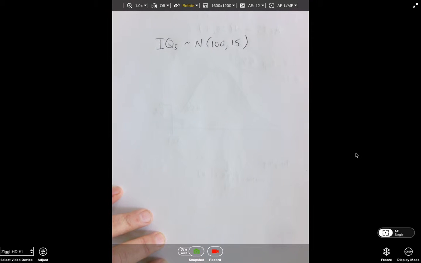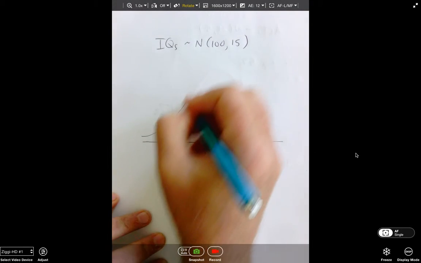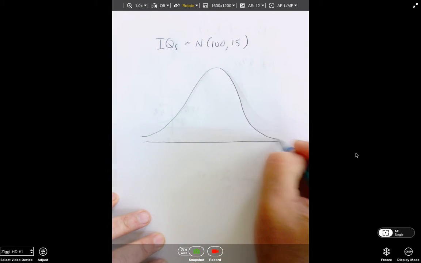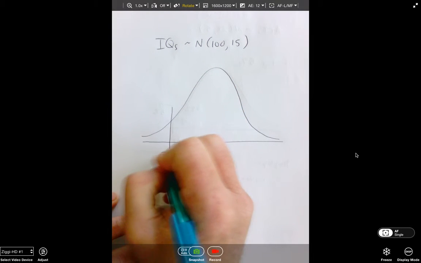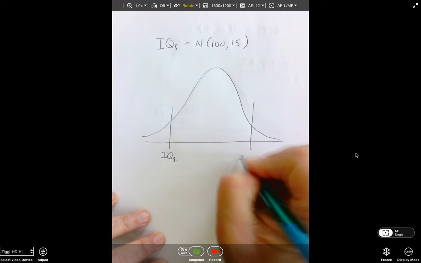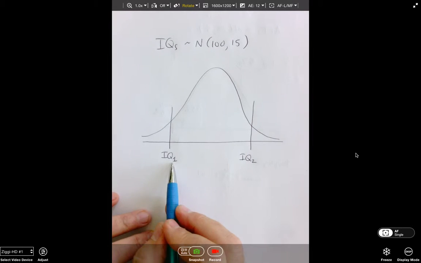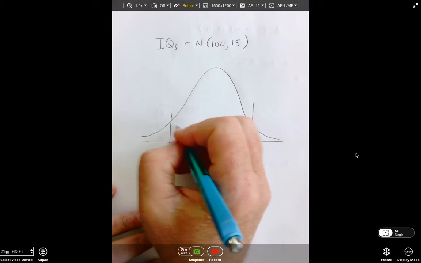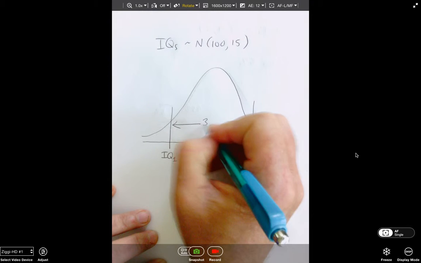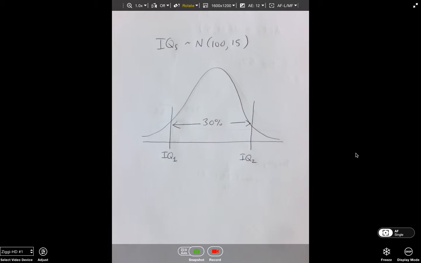And we want to know the two numbers, IQ number 1 and IQ number 2, that separate the center 30% of the distribution of scores.